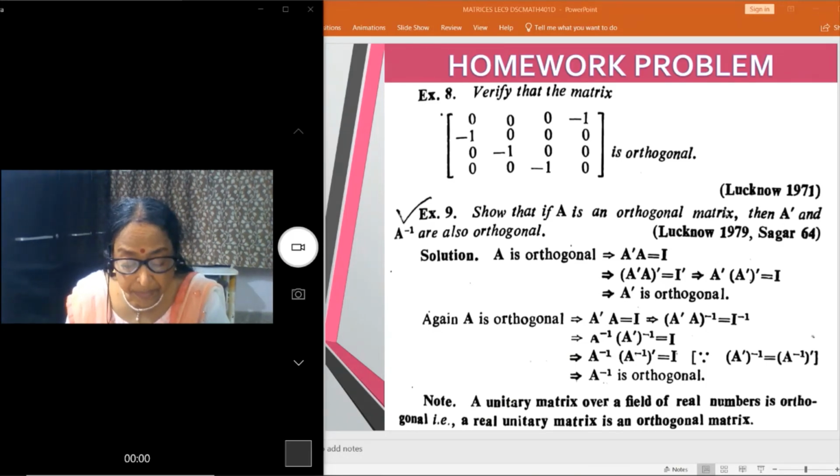That's why A inverse into (A inverse) dash is equal to I. So A inverse is orthogonal.